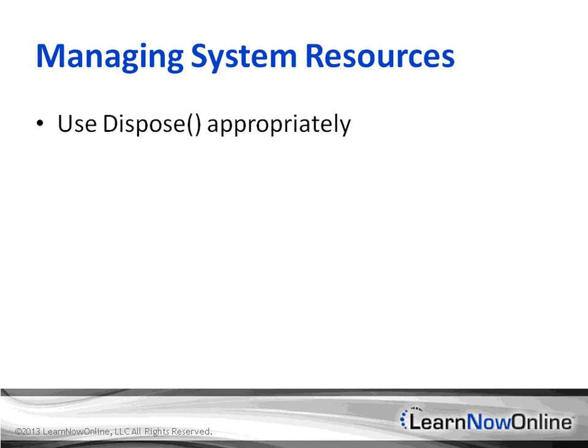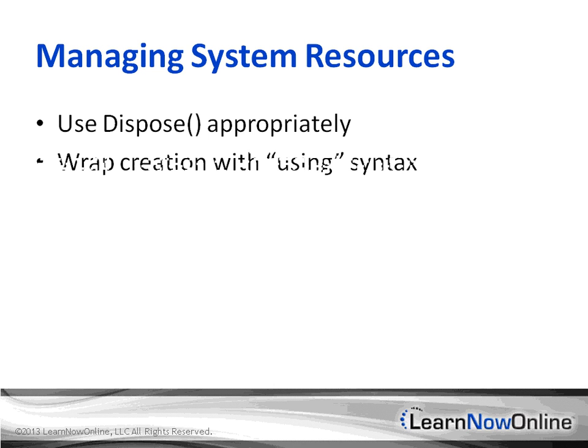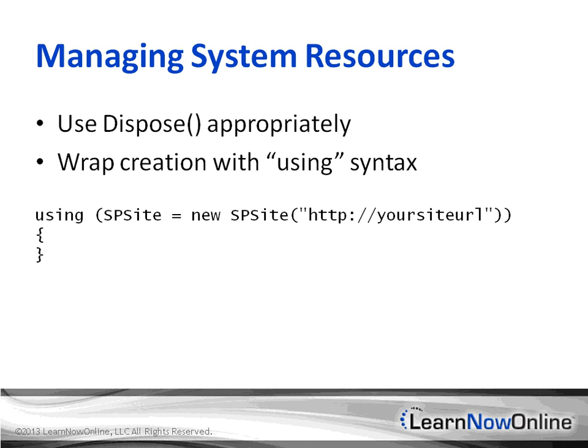And in SharePoint, the two main classes that you're going to deal with most of the time are SPSite and SPWeb. Those do implement IDisposable. They need to be disposed of. And a nice way to wrap that in the .NET framework when you're using C# is the using statement. The using statement allows you to wrap up the creation of that object, and then everything within the body of that using statement will automatically get Dispose called on it.